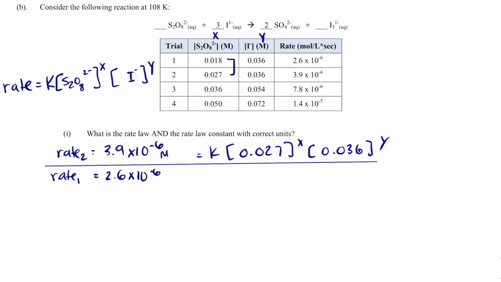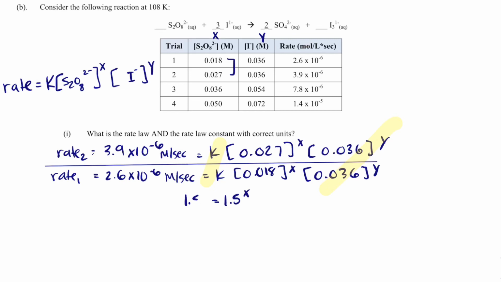This should be molarity per second. My y's cancel, my k's cancel. 0.027 divided by 0.018 is 1.5, and that's to the x power. 3.9 divided by 2.6 is also 1.5, and so x equals 1.